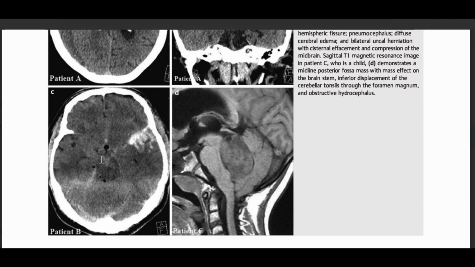This is the uncal herniation. Why is there uncal herniation? It's mainly caused by the air and by the subdural hemorrhage. So there is bilateral uncal herniation that causes compression and effacement of the midbrain.